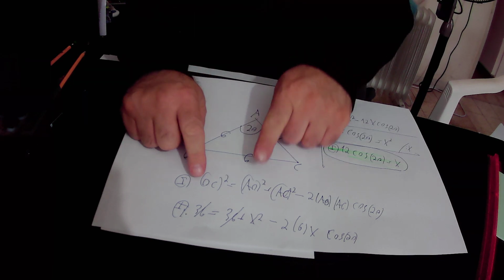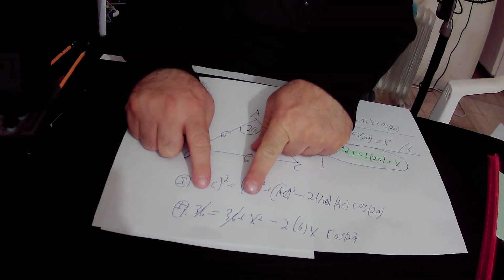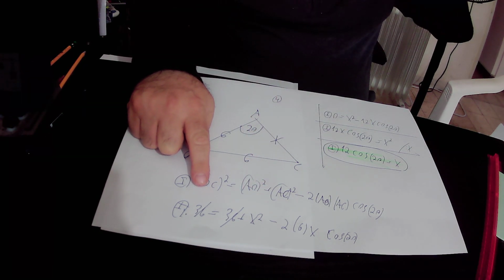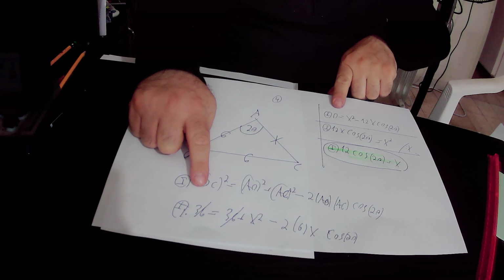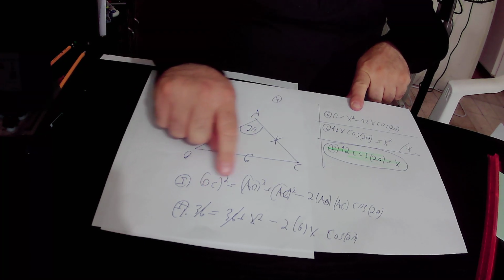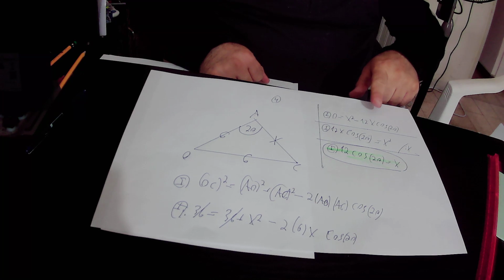Here we have 36 on both sides of equation number 1, so 36 will cancel. What is left after we cancel 36 from equation number 1? On one side we have 0, on the other side we have x squared minus 12x cosine 2 theta.